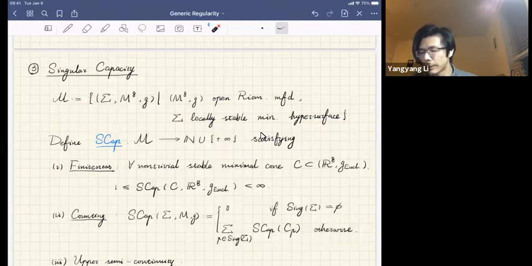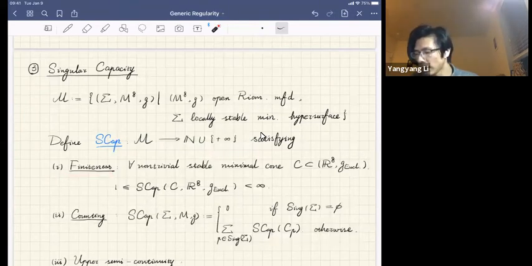We define the singular capacity to be a function on this triple, whose image is the non-negative integers and also infinity, with the following properties. The first one is the finiteness.